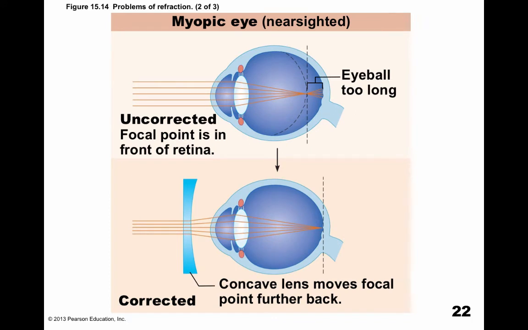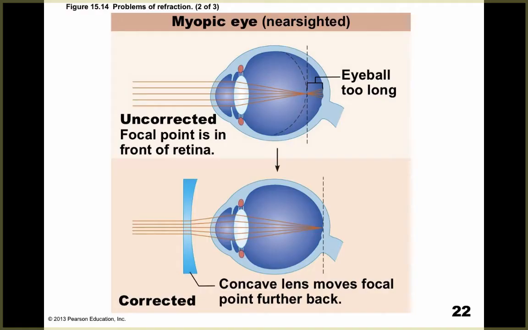So here, if you're myopic, which if you remember is nearsightedness, you can see close up, but not so good far away.